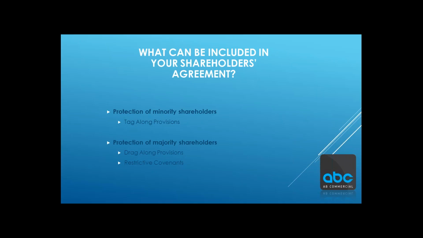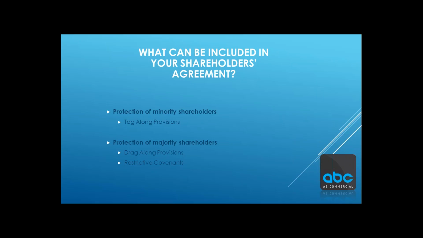These drag-along rights allow the majority shareholders to force minority shareholders to sell their shares in the company in a situation where the majority shareholder has an offer to purchase their shares which they wish to accept. This allows majority shareholders to realize their investment at a time and price of their choosing.